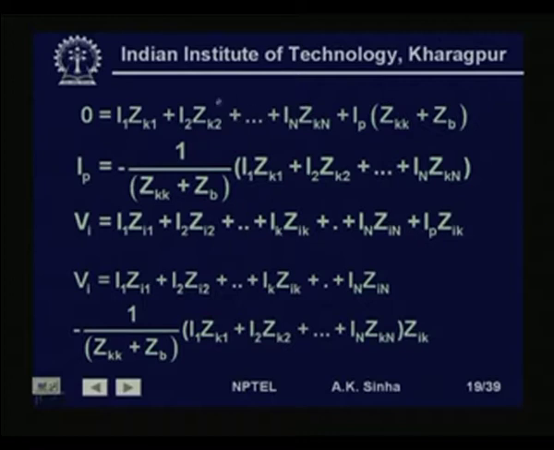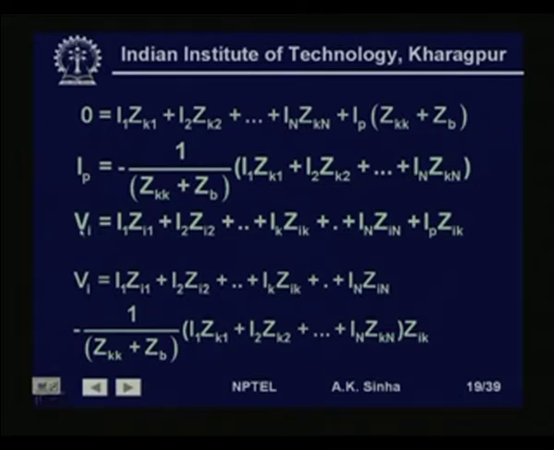And from that expression we can find out the value of IP by dividing this whole expression by Zkk plus Zb, which we have taken on this side. So, we will get IP is equal to minus 1 by Zkk plus Zb into I1 Zk1 plus I2 Zk2 plus In Zkn. So, this is the value of IP that we get.